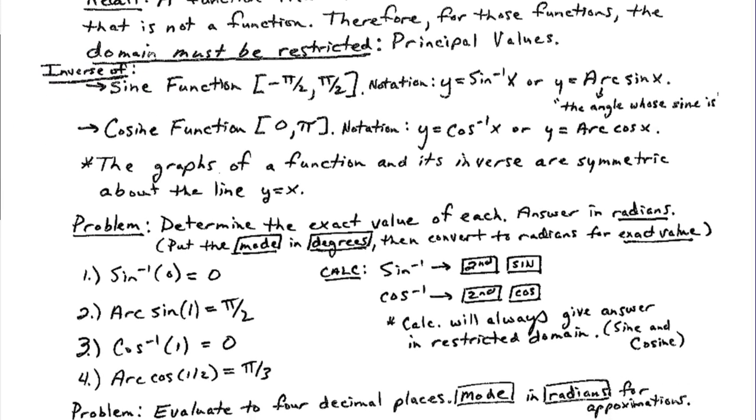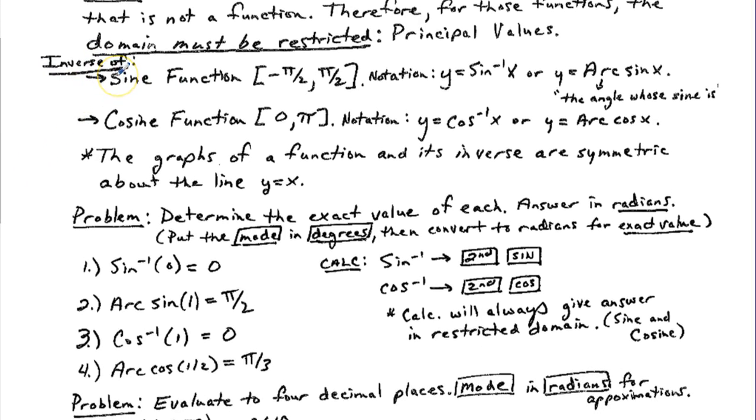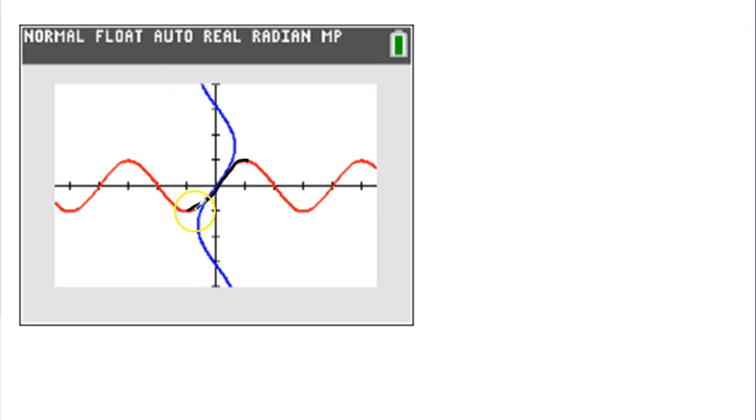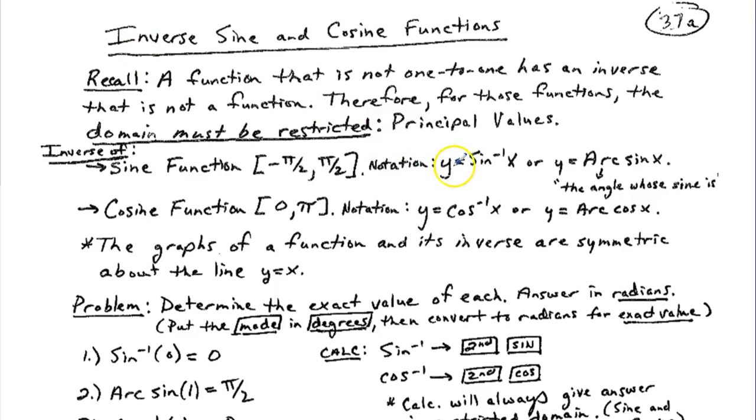Okay, so what we said is, for the sine function to be a function, we must restrict its domain between negative pi over 2 and pi over 2, right? Negative pi over 2 to pi over 2. The notation we're going to use, remember we use f with a -1 superscript, we're going to use inverse sine of x, and that's a button on your calculator.